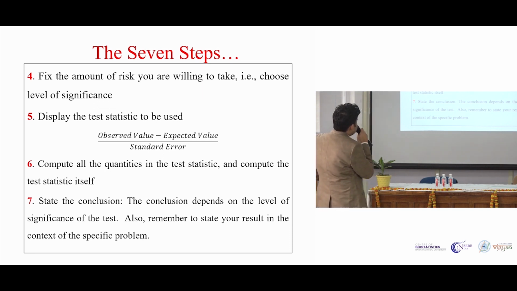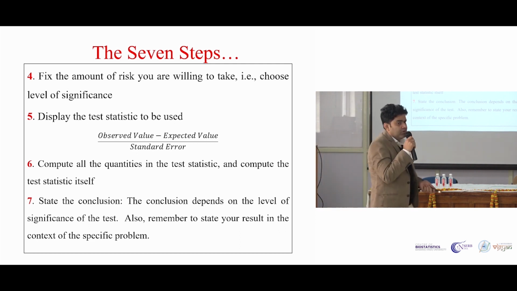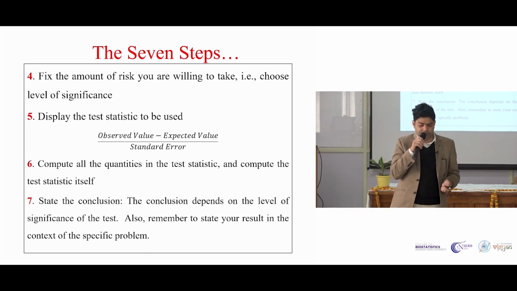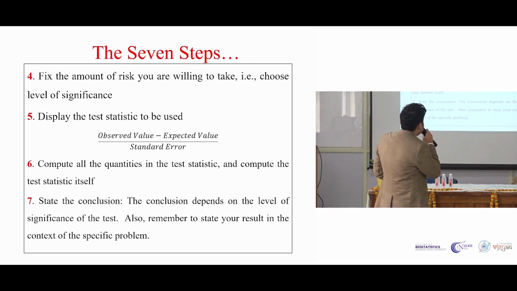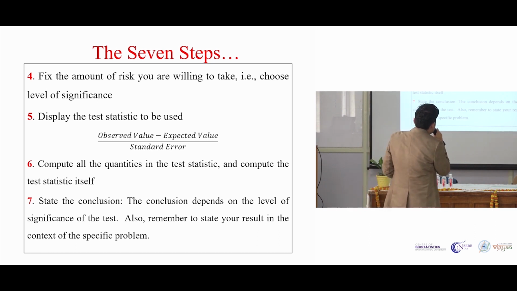Fourth step is that you have to fix the amount of risk you are willing to take. So I am willing to take only 1% risk. That means I want a confidence level of 99%.